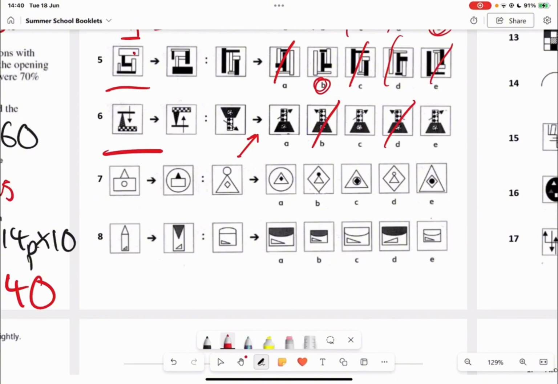The patterns seem to be very similar. So we can see that the patterns are very similar. They still seem very much the same.